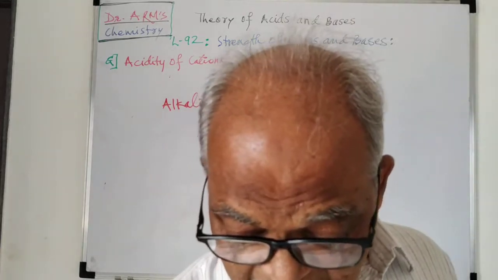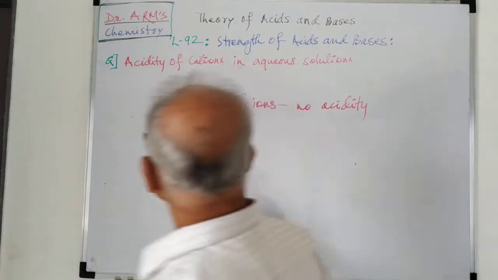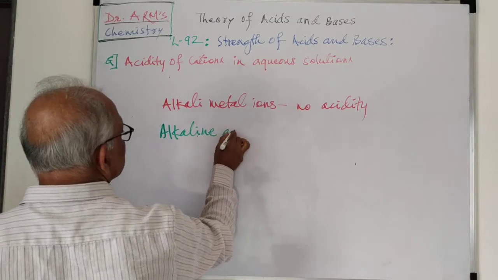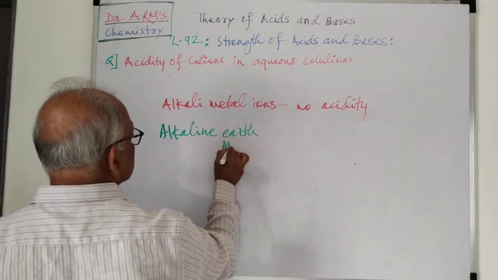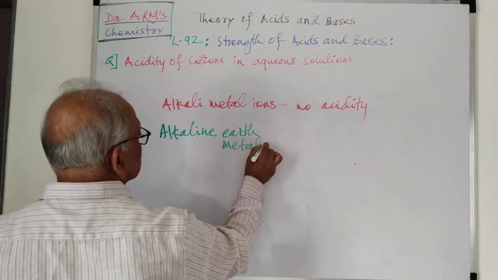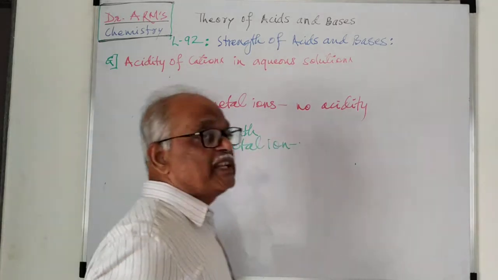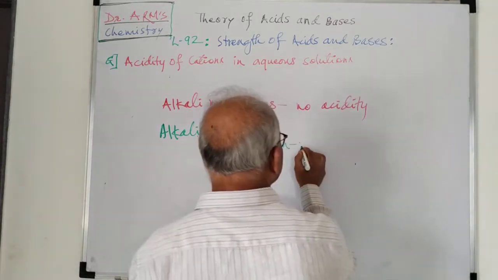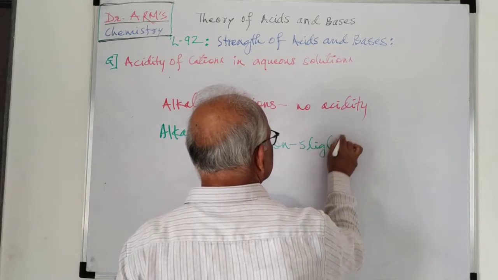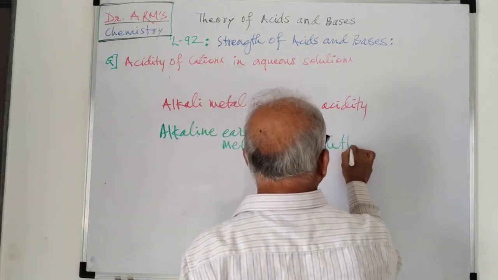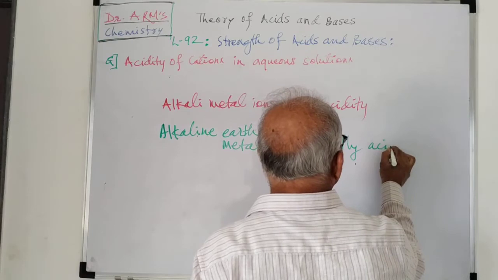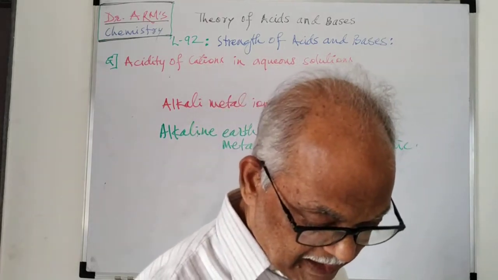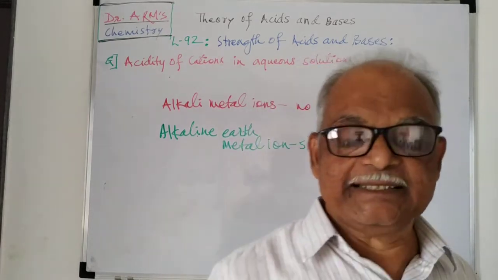Then if you see the alkaline earth metal ions, they are slightly acidic, showing slight acidity.